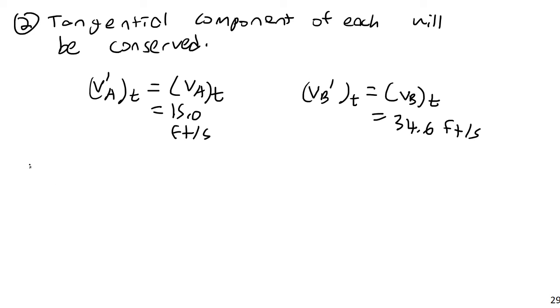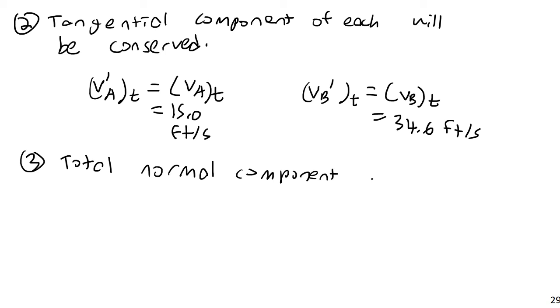So step 3, I apply another relationship, and that is that the total normal component of the momentum of the two-ball system is conserved.